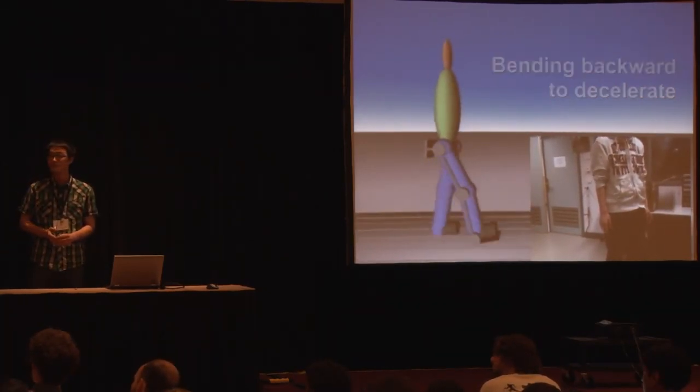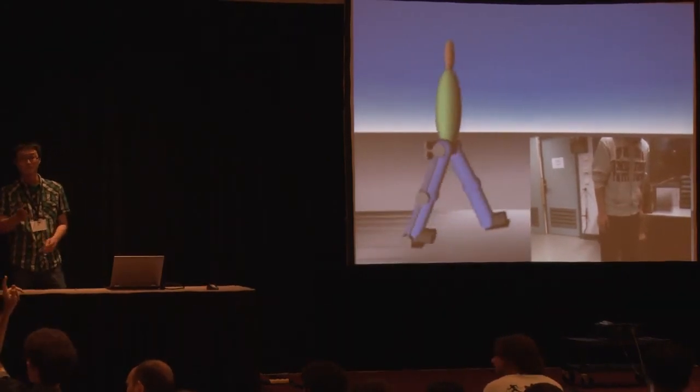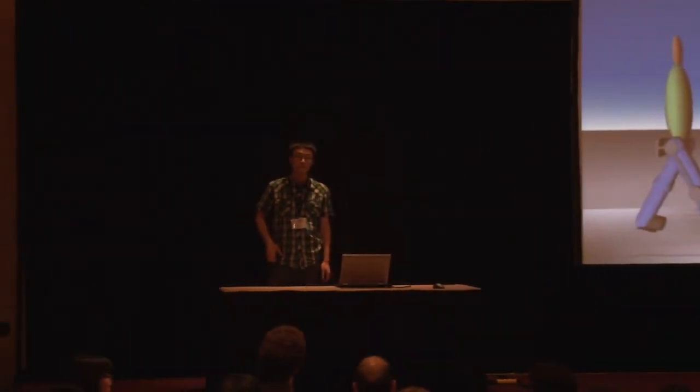Are there any questions? Yeah. A lot of spinal cord injury patients don't have control of their trunk far enough down to be able to lean like that. Have you looked at what happens when you only have control from here up with the torso, and you have to do this kind of thing with your shoulders and walk?